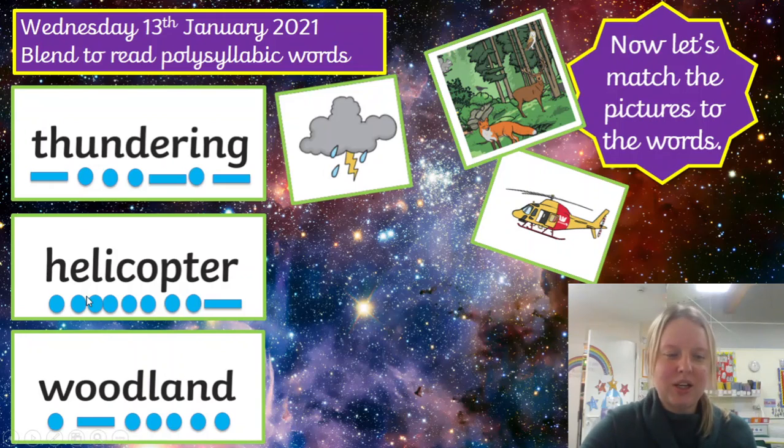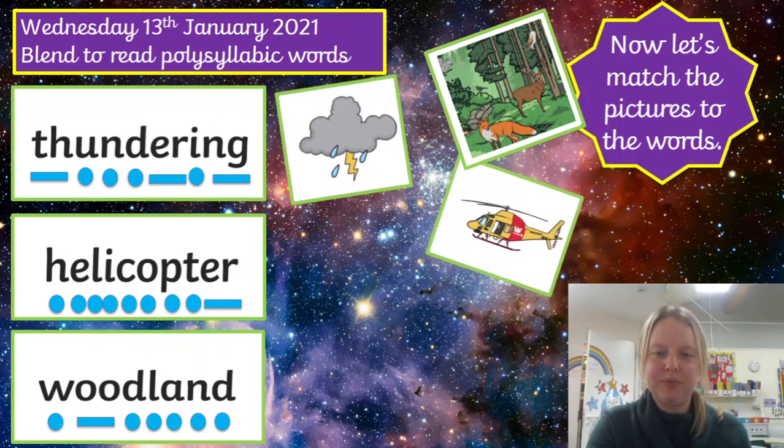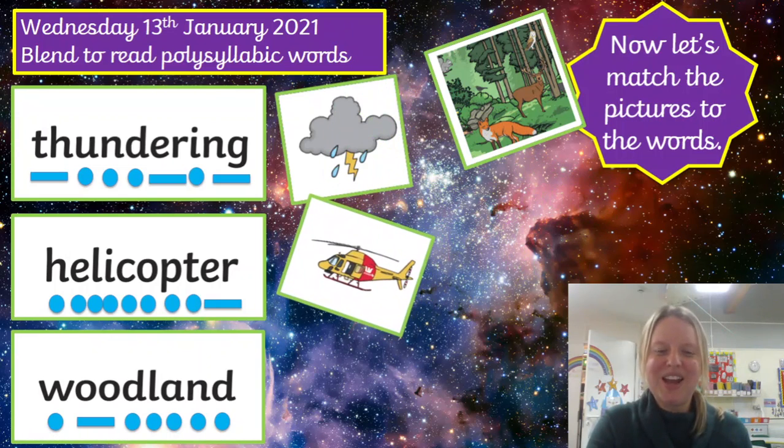Let's sound out the next one together. H, e, l, i, c, o, p, t, er. What do you think that word says? Point to the picture that you think it is. Okay, let's see if you got it right. The word is helicopter.